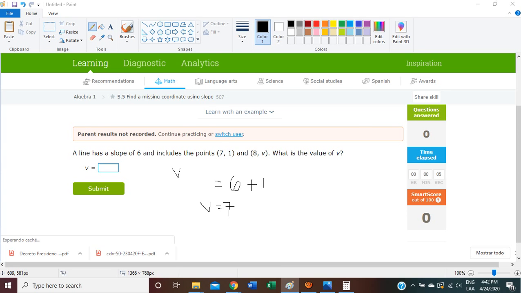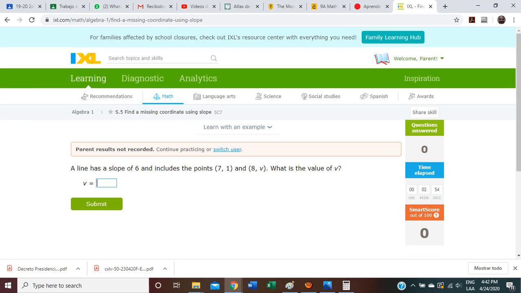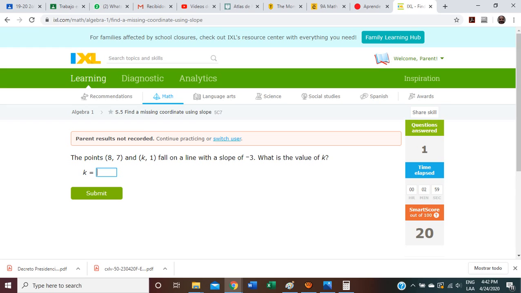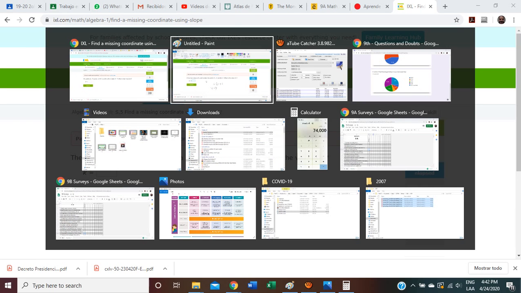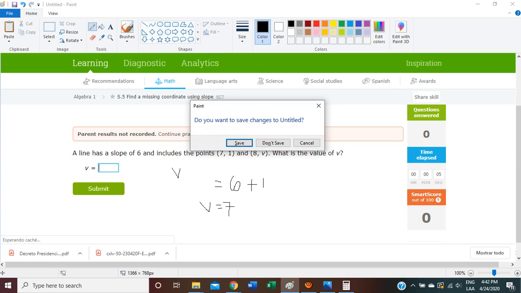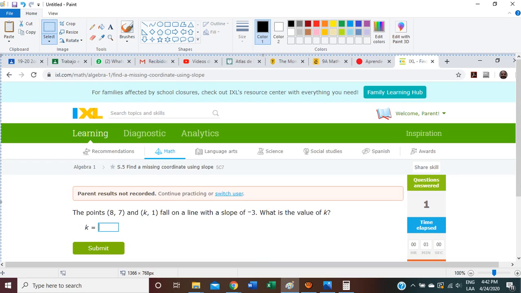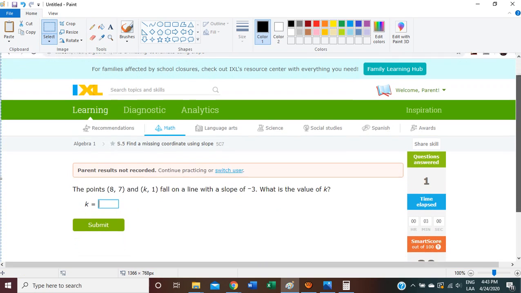And that is the answer. Let's check. 7. Correct. Okay, I have this other problem. So this is the last problem that I'm going to do. So I can go to the final problem or the final exercise. Okay.